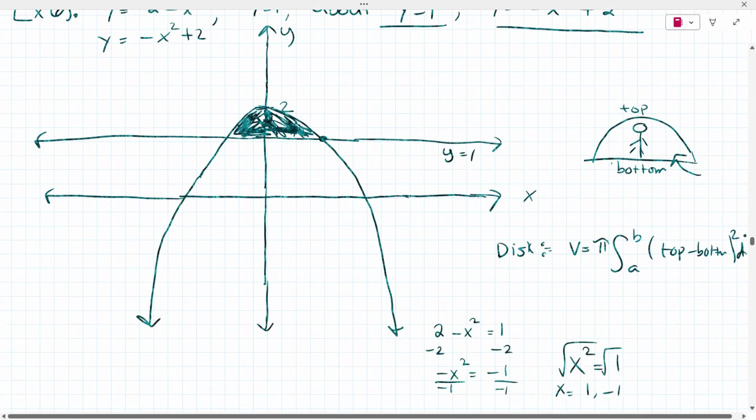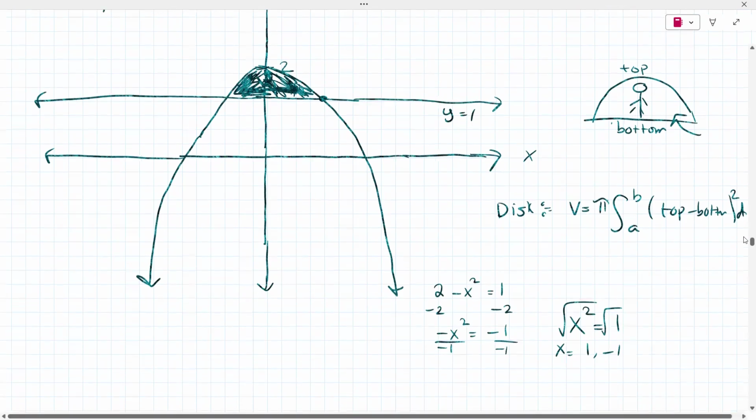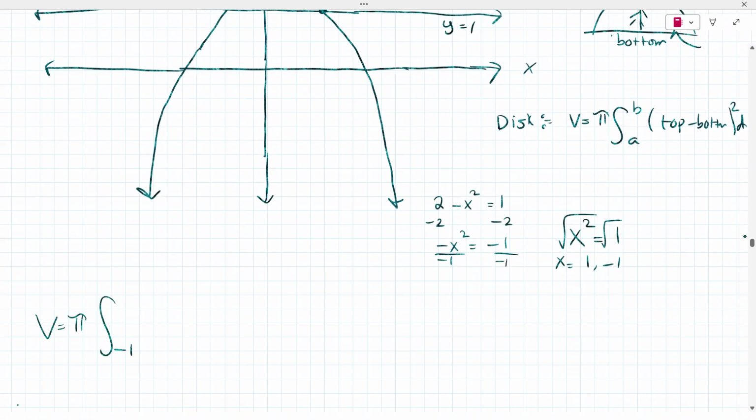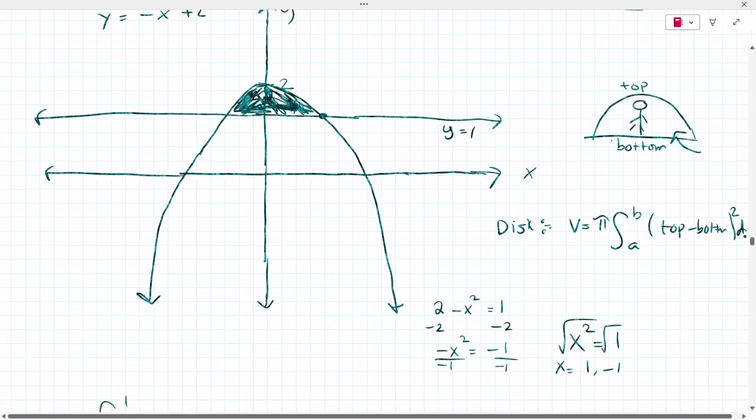So I think that's our a and b. Our lower boundary is negative 1 and our upper boundary is 1. If you look at this image, our top is the parabola, and our bottom is that horizontal line.